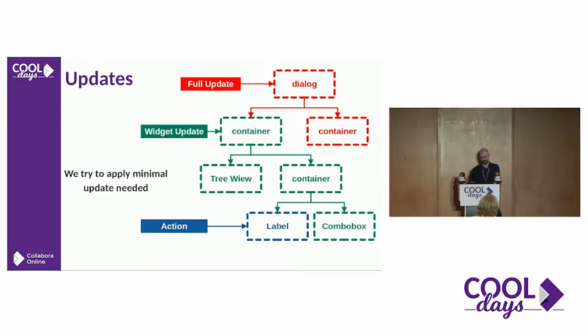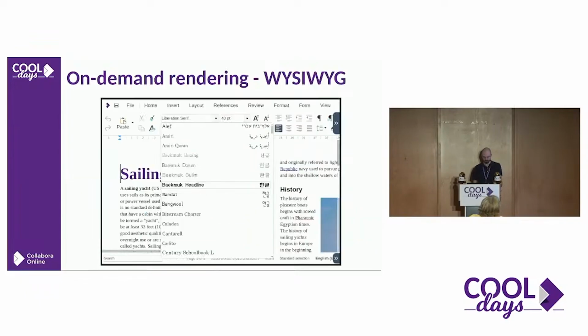So when there is only one container which was changed, we send only that and its children, or maybe if there is only small change like selection of the item in the list, we send only small action which tells us what to select.